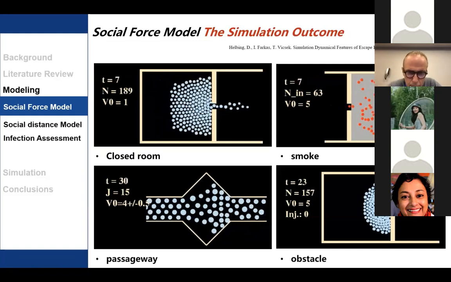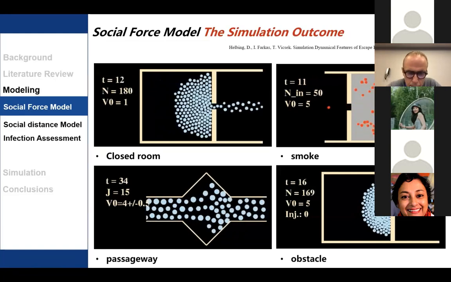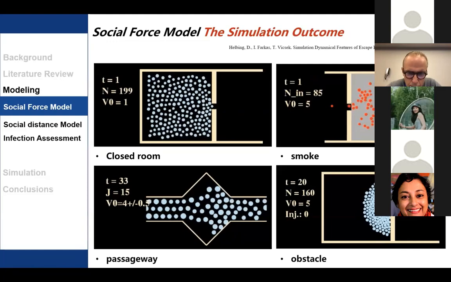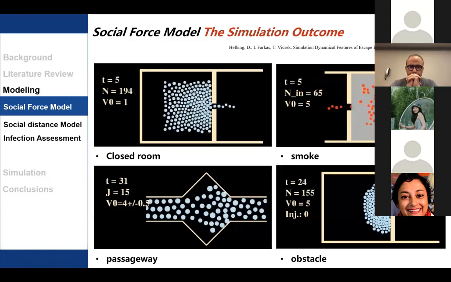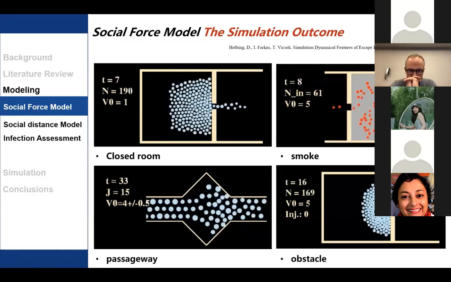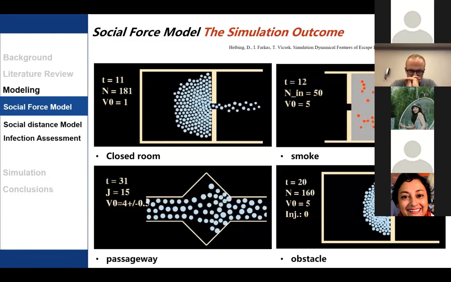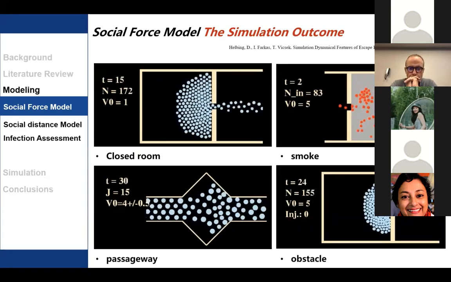Although the social force model is proved to be an effective model to reflect the dynamic and anisotropic characteristics of pedestrians, it cannot effectively simulate the trip under social distancing. Therefore, we need to modify the original equation to reduce the physical contact between pedestrians.